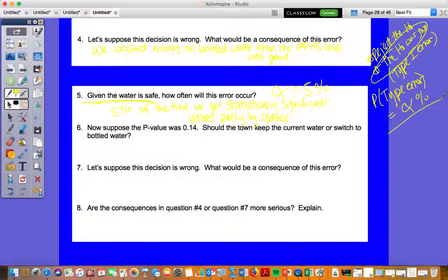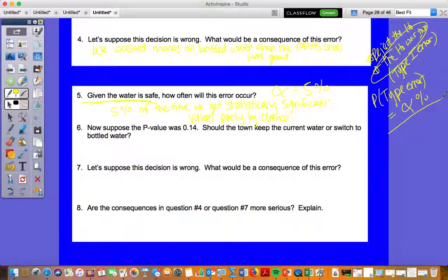So there's a 5% chance that you rejected the null, but the null is actually true. In the illustration, there's a 5% chance that you say, Coach, you're not a 90% free throw shooter based on the p-value.